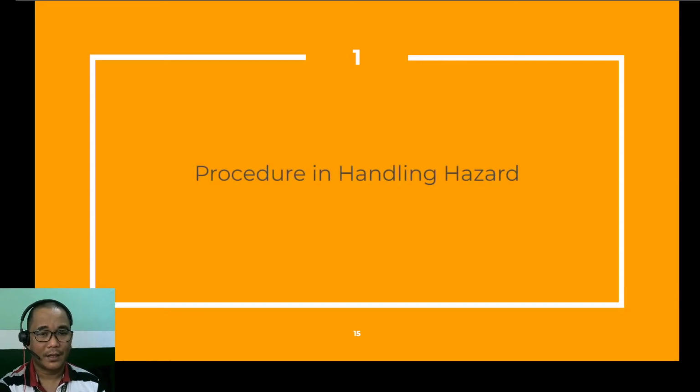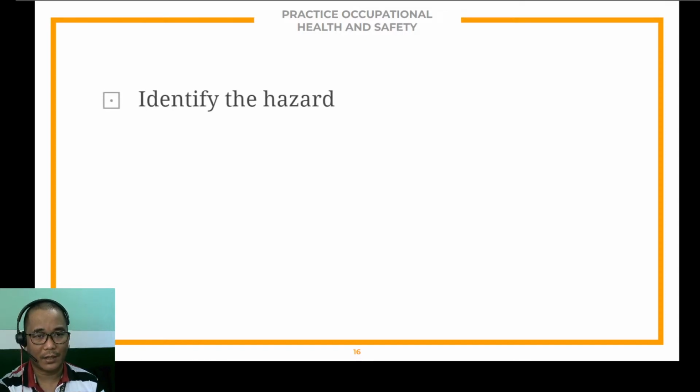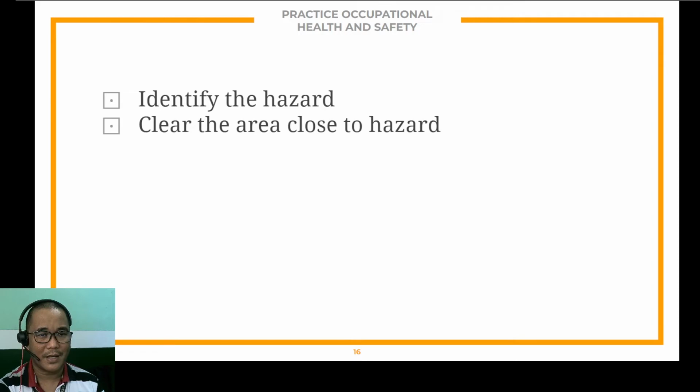Now, there are procedures in handling hazards in our workplace. First, we need to identify the hazard. We need to know what the current hazards are in our workplace. The next one is to clear the area close to the hazard.